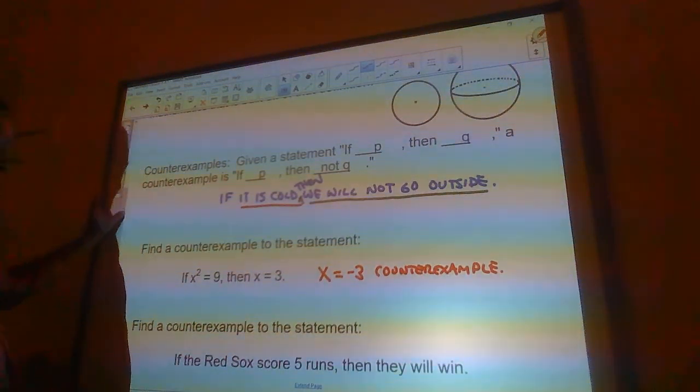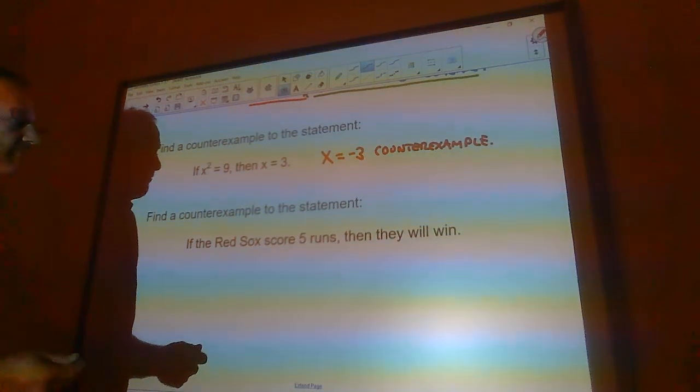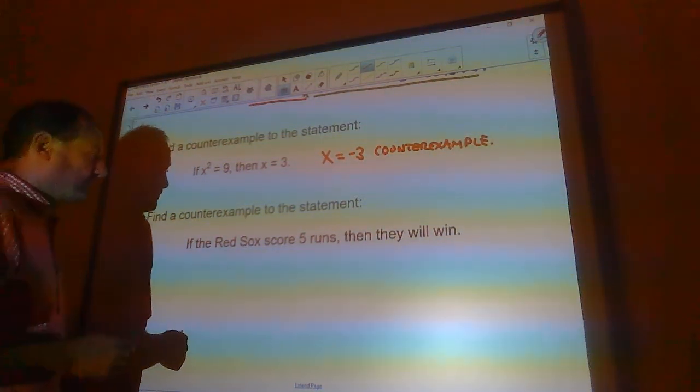Find a counterexample to the statement, if the Red Sox score 5 runs, then they will win.